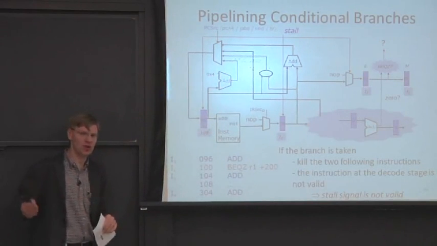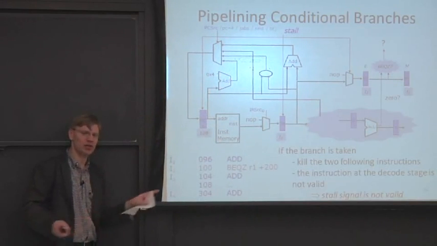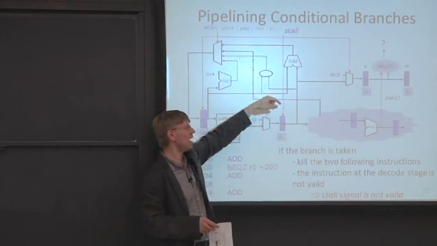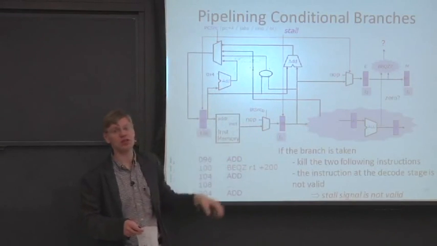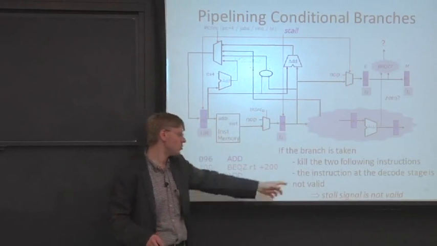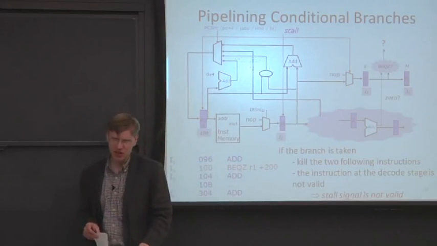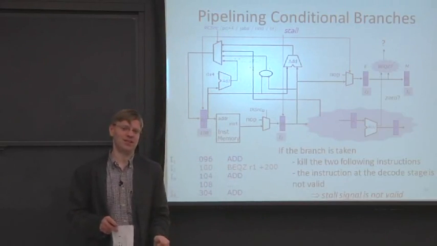If you were to put the stall at the higher priority, you would actually end up with a deadlock because you'd be stalling, but you would have no way of killing the previous instructions to clear the stall. So this is why it's really important that the instruction at the decode stage is now invalid.